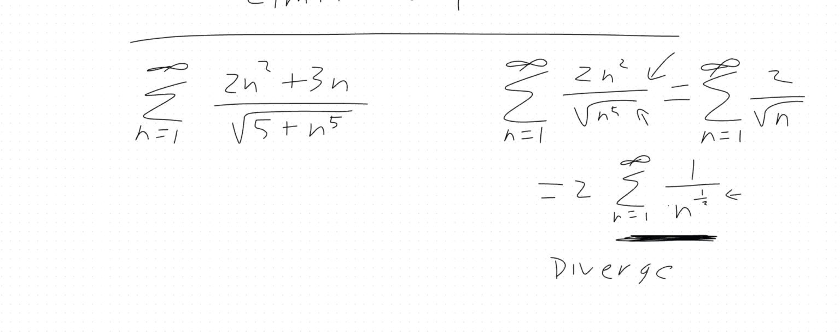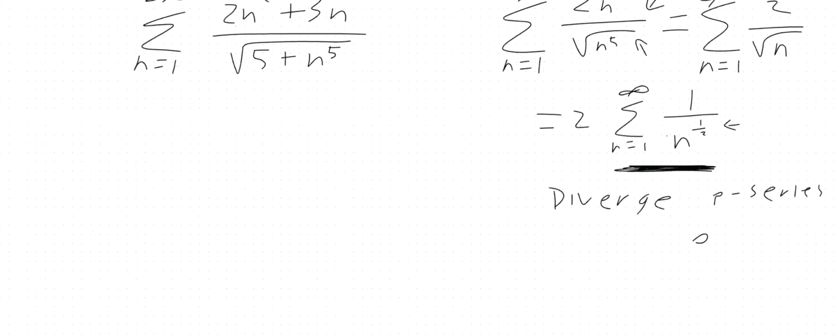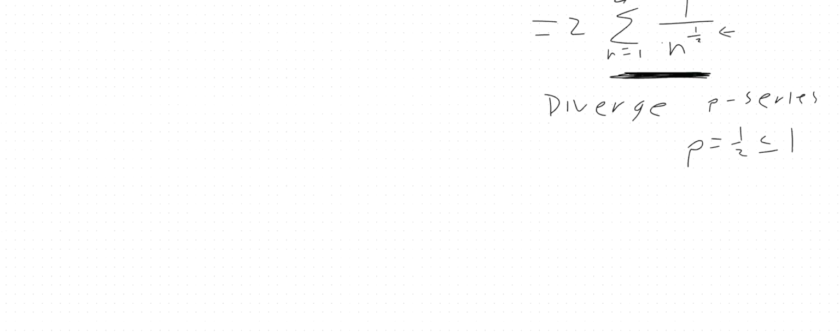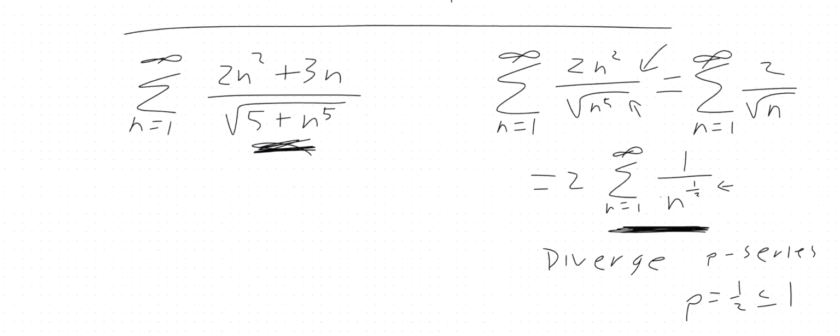because it is a p-series, and our p is a 1/2, which is less than or equal to 1. All right, so let's compare it to the other one. Now our bottom is bigger and our top is bigger, so it's kind of inconclusive.